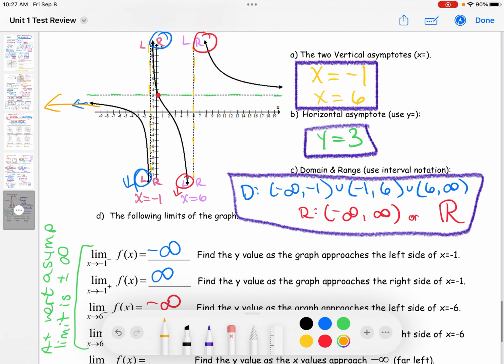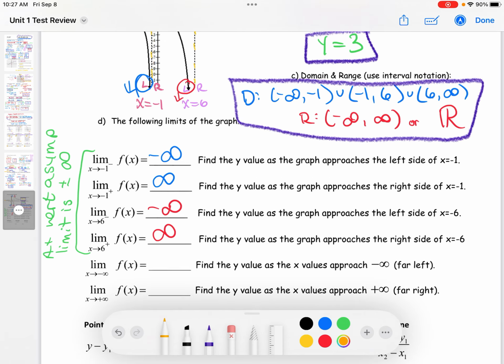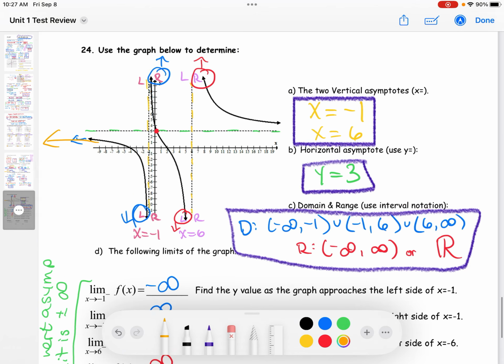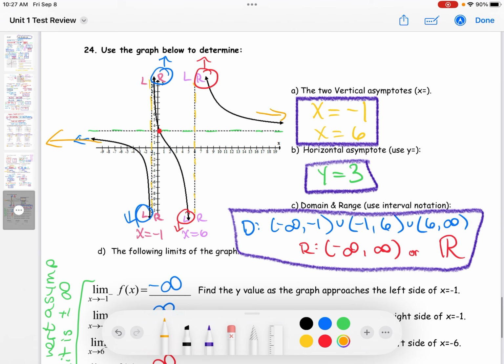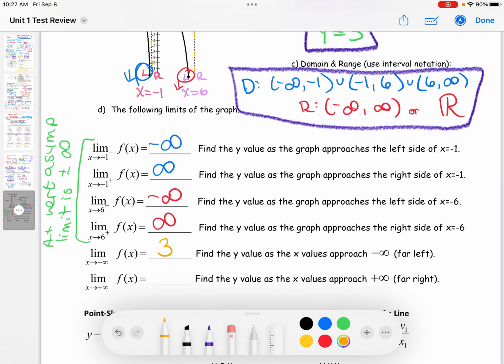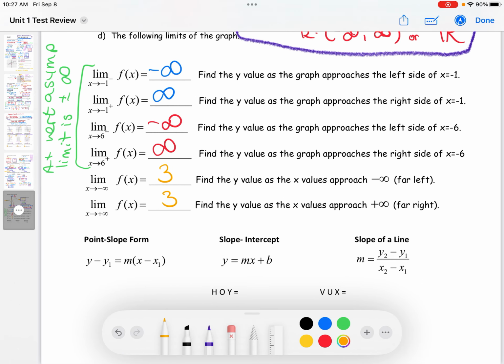As we go further and further left, we are approaching that horizontal asymptote of 3. Same thing on the right. As we go farther and farther to the right, we are getting closer and closer to this horizontal asymptote of 3. So for the far left and far right, use the horizontal asymptote.